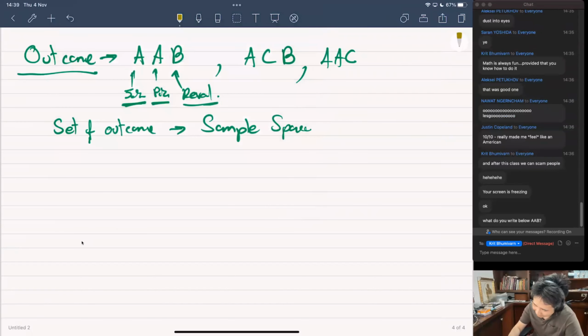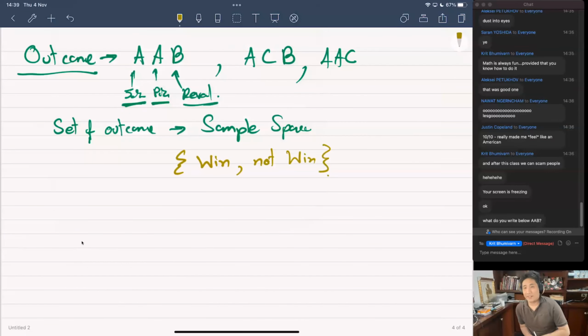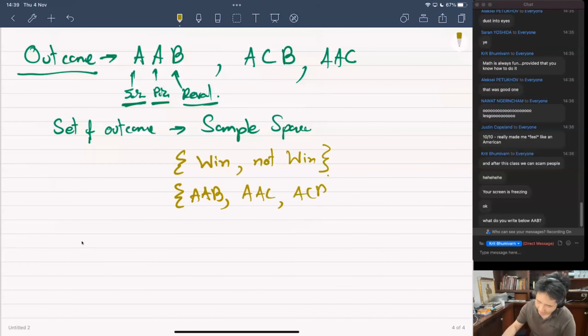In the case of the Monty Hall problem, it could be AAB, AAC, ACB, and so on. But no AAA, by the way, because that is not according to the rule. Okay, so far so good.